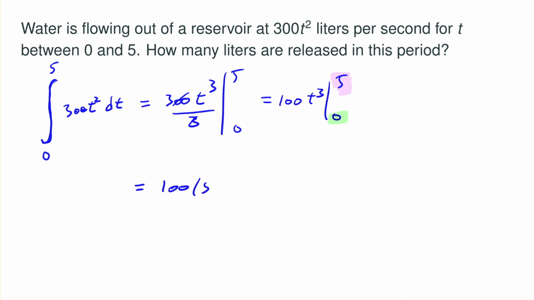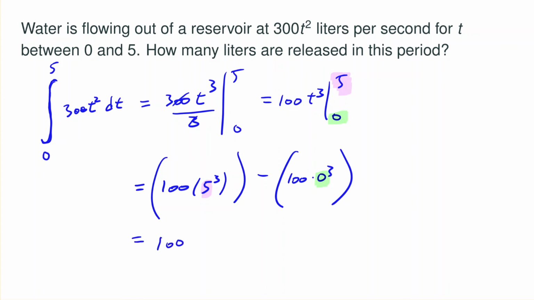100 times 5 cubed. Let me do a big parenthesis. So what I did is I plug in 5 here and subtract, plug in 0, which is from the lower bound. 5 cubed is 125. This is subtracting 0. This 100 times 0 is 0.